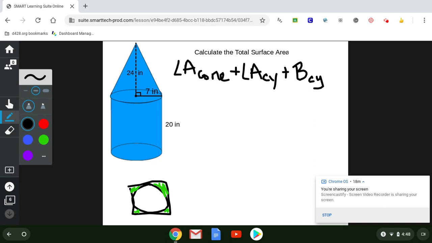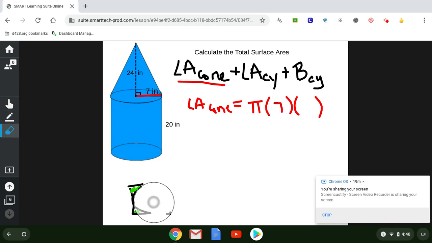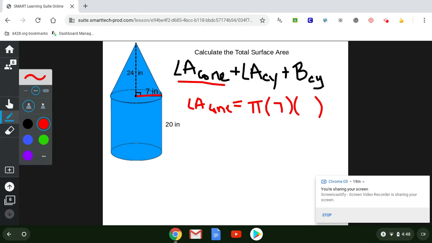So again, I'm going to find each piece and add them together. Let's start with the lateral area of a cone. The lateral area of a cone is pi r L. My r is 7. I don't have the slant height, so I'm going to have to find that, just like we did in the last problem.